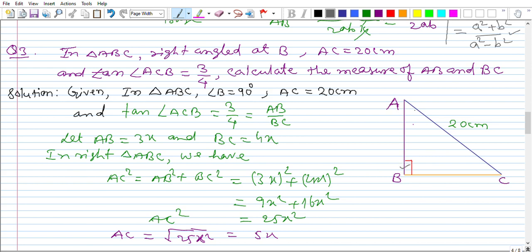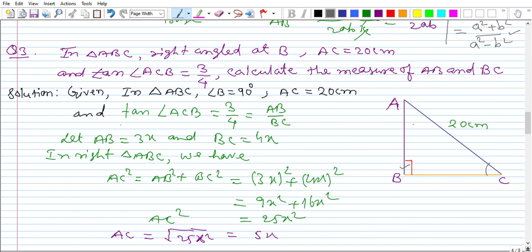AC is given, and C is your acute angle. It's given in ratio 3:4, and AC is 20 centimeter. It's very simple to understand what we should do.